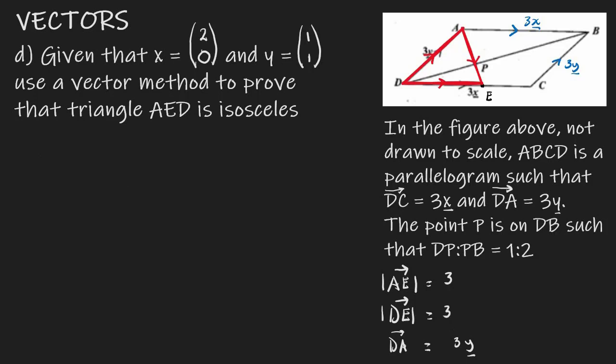So, we have seen that the magnitude of vector AE is equal to the magnitude of vector DE, which is equal to 3. We have proven that triangle AED is isosceles, and that is our answer.